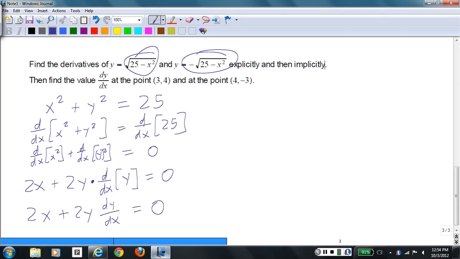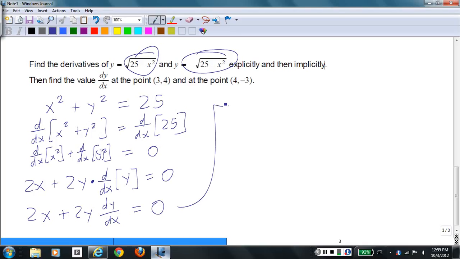So we start off with an expression that defined an implicit relationship between x and y. Now we have an implicit relationship among 3 quantities: x, y, and dy/dx. Now the result of this will typically give us an expression that's linear in dy/dx. So we can solve this explicitly for dy/dx in terms of the other variables. So I want to take this and isolate the term that has the dy/dx in it.